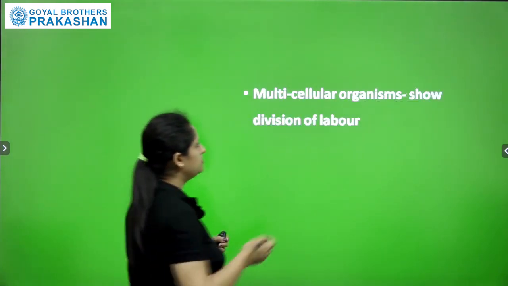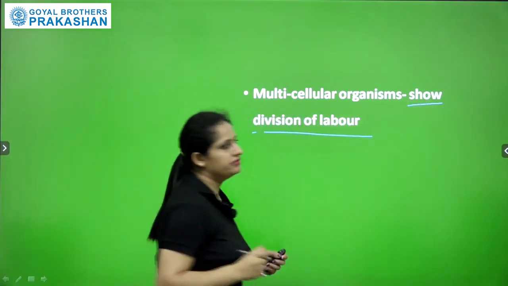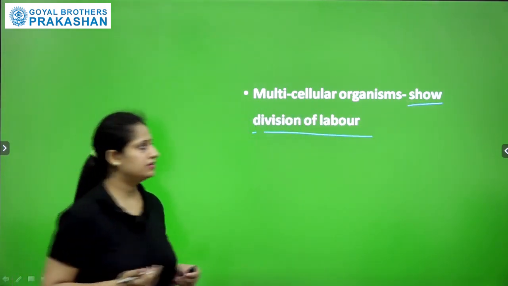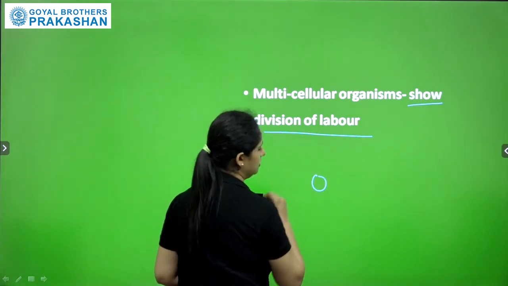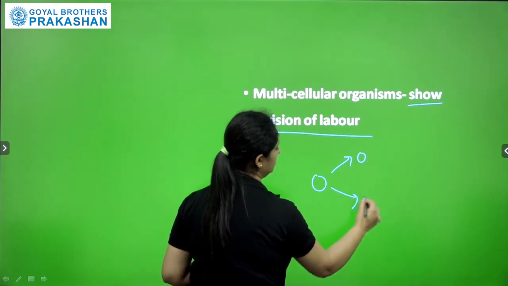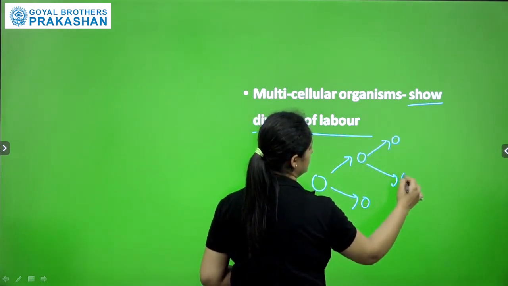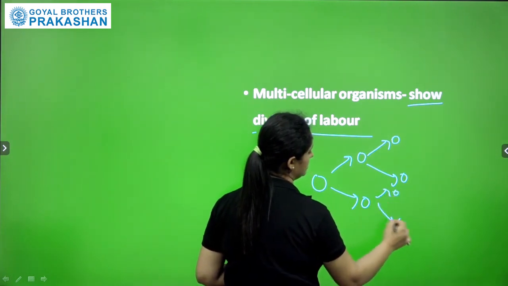Multicellular organisms, as we discussed earlier, show division of labor. That is, one cell divides to form other cells. This cell again divides to form other cells.